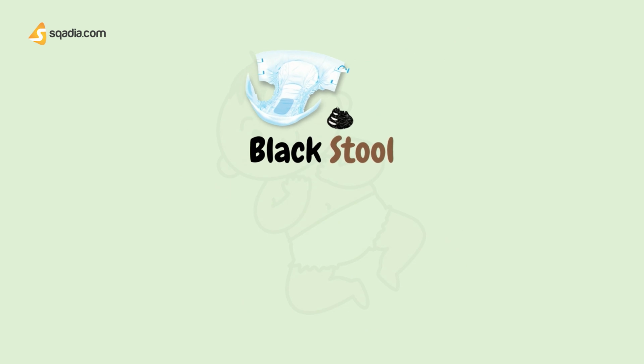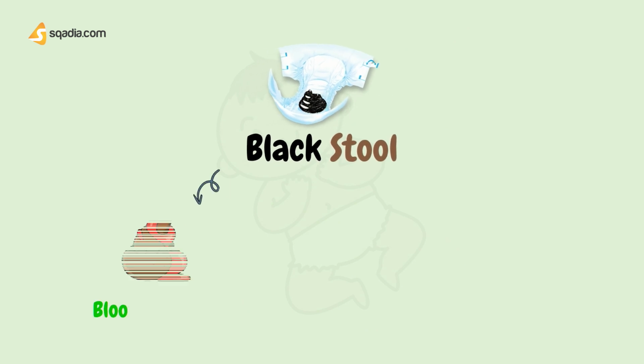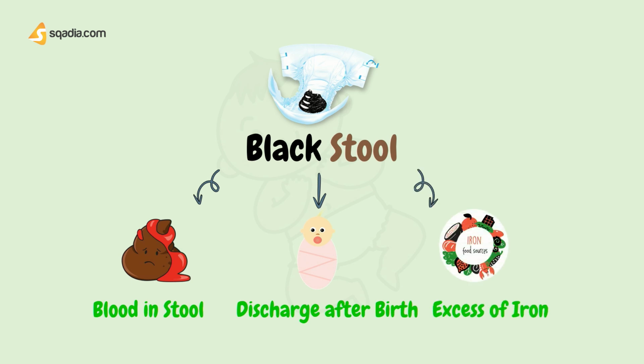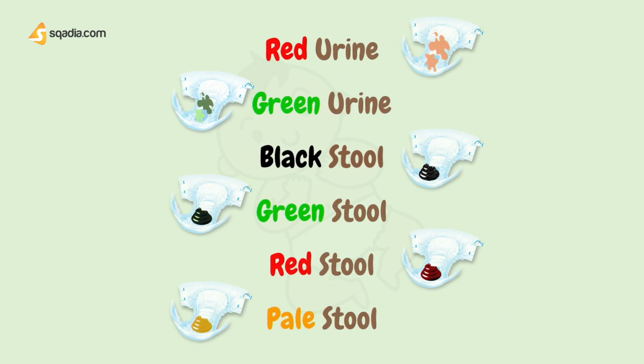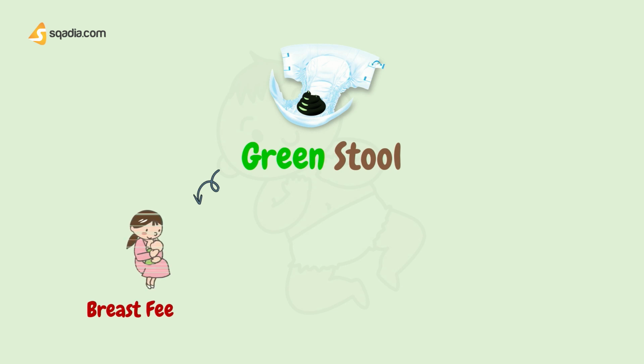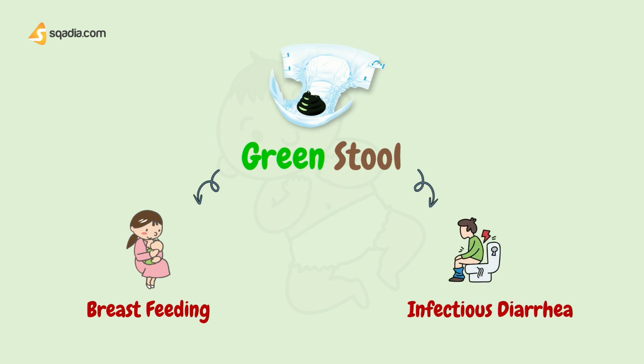The black color of stool might be due to blood in stool, discharge of meconium after birth, or excess of iron in diet. Next comes the green colored stool. That can be due to breastfeeding or infectious diarrhea.